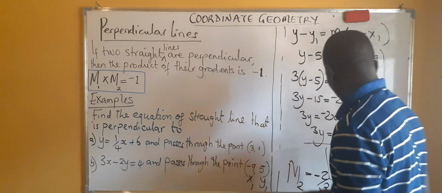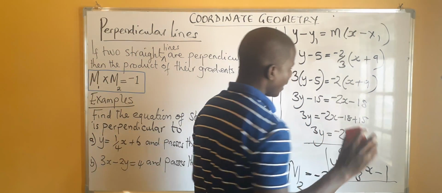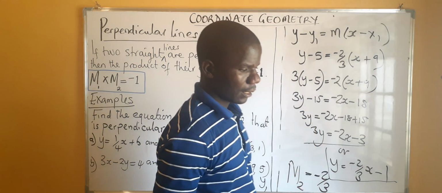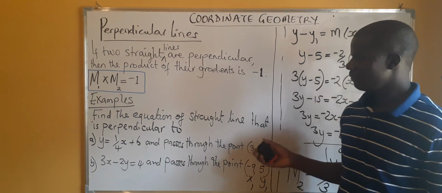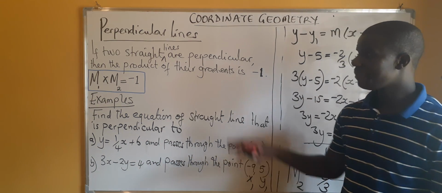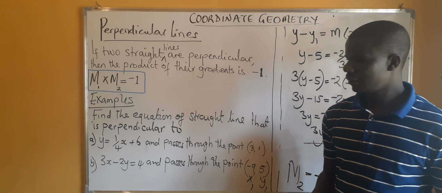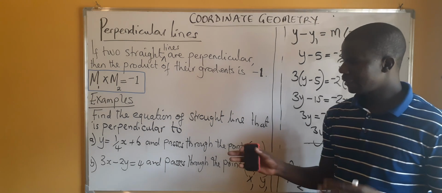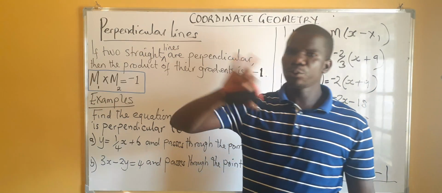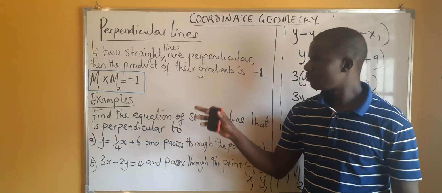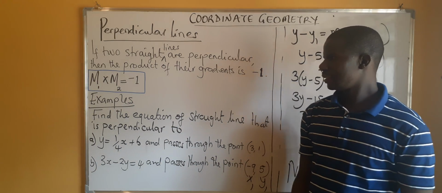So basically this is what is expected of you when you are asked to find the equation of a straight line, the equation of the other line, given that the two are perpendicular to each other. It's about the gradient, and you have to understand this concept. It is as simple as that. When we multiply the gradients of two lines that are perpendicular to each other, the product of their gradients is minus 1.